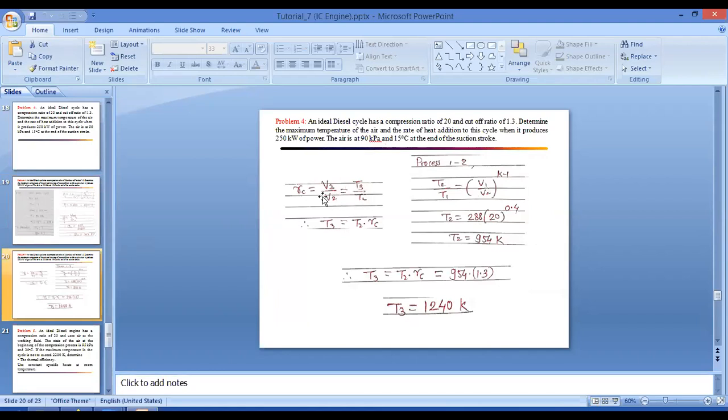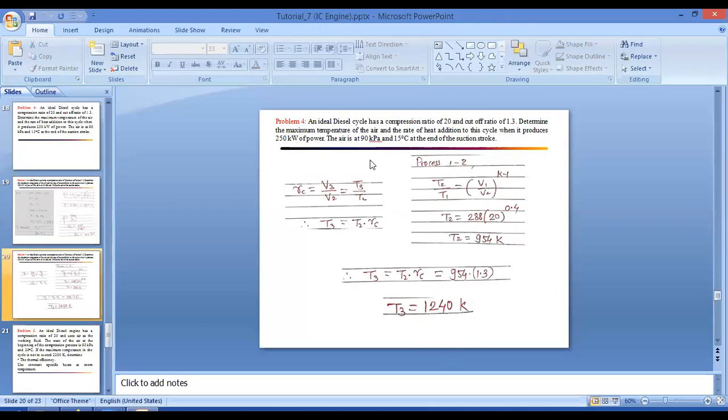So it means that the cutoff ratio RC is known, and we can find out the value of temperature T2. So T3 is equal to T2 into RC. Just find out the value of temperature at point 2 with the help of the isentropic equation for the process 1 to 2, and just put this value, you will get the maximum temperature in the cycle.